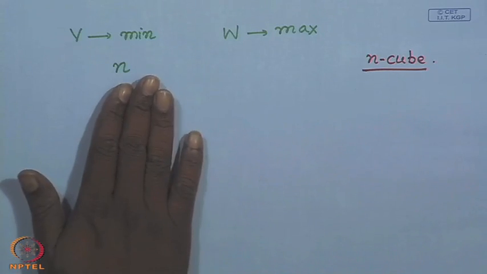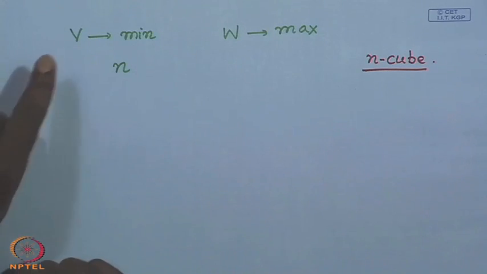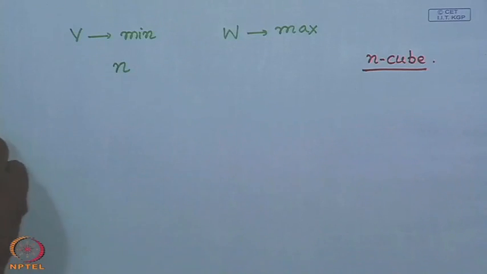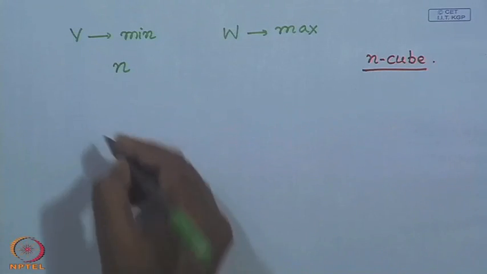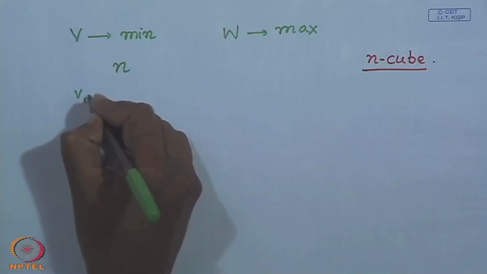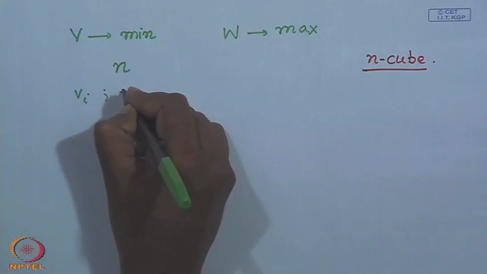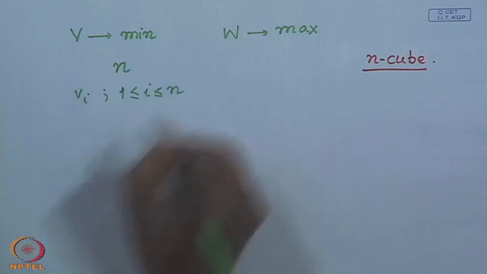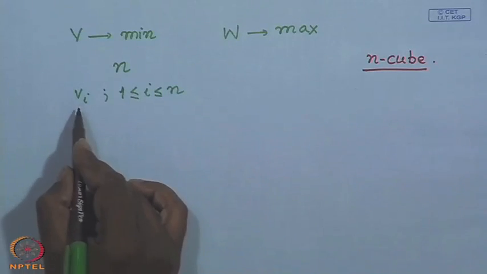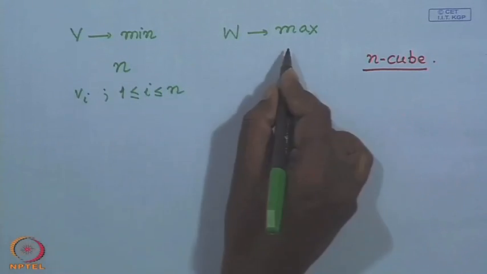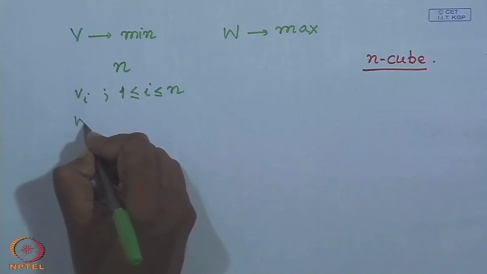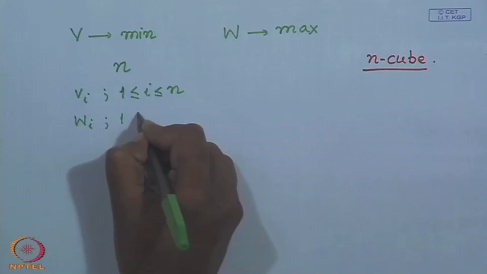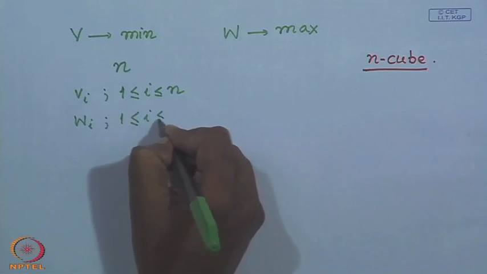What I have is n dimensional space, so this mean point V will have n components: V_i for 1 less than or equal to i less than or equal to n, the different coordinates of the mean point. Similarly, for the max point, I will have different coordinates given by W_i, where 1 less than or equal to i less than or equal to n.